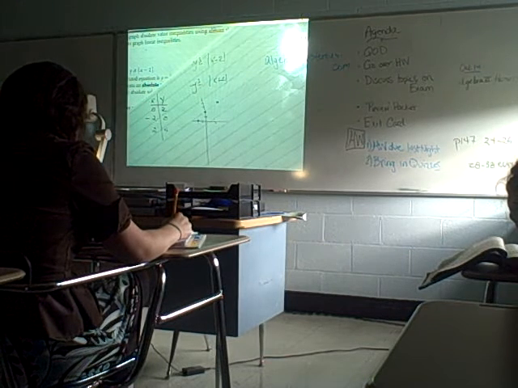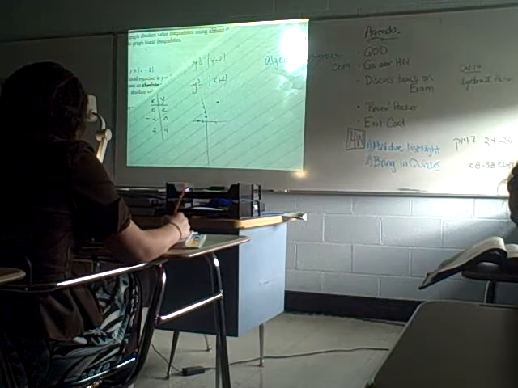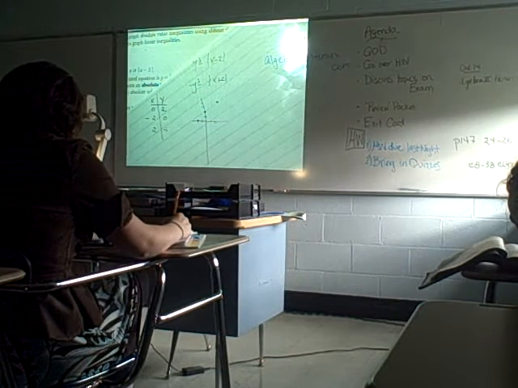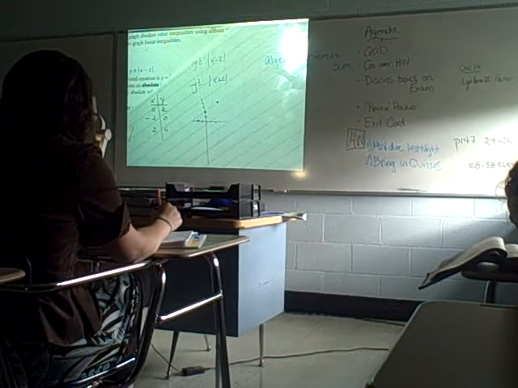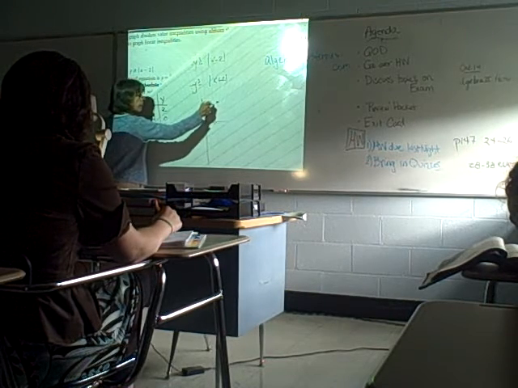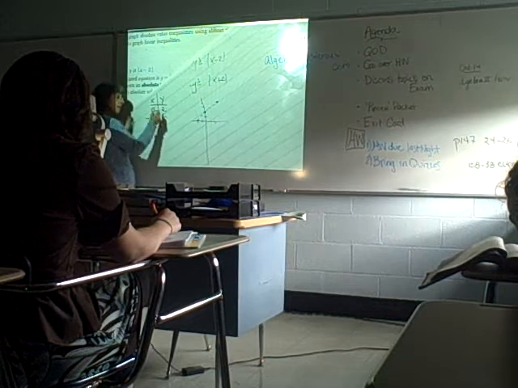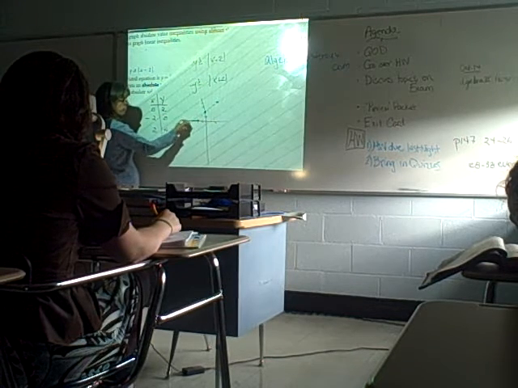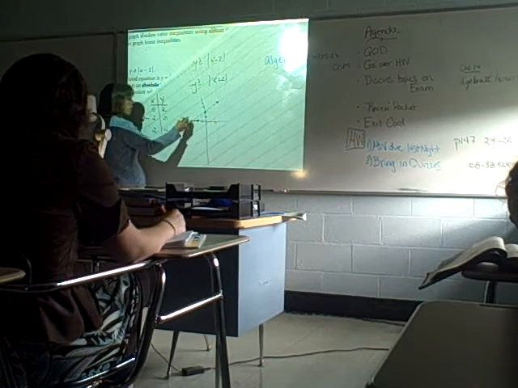Okay, so since it's facing upward, where does it make sense to test another point? On the negative side, because I know somewhere it has to be like that, and it appears that it may be on this side. So let's go with negative 4.